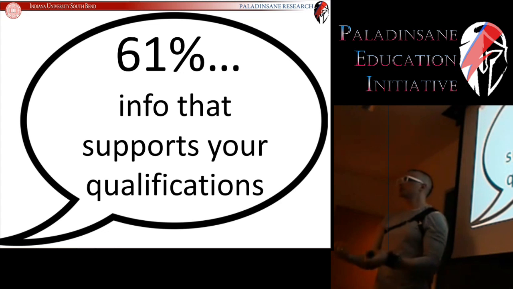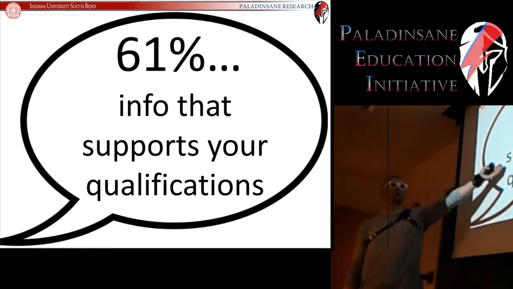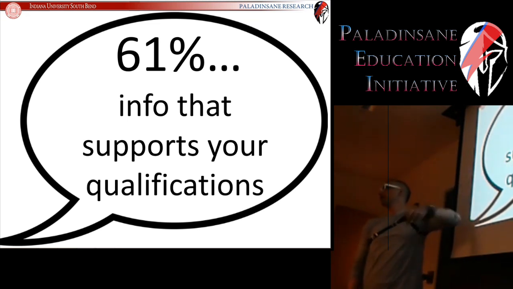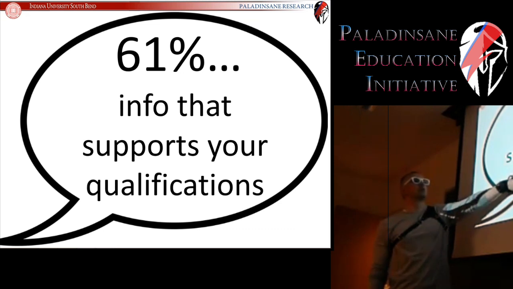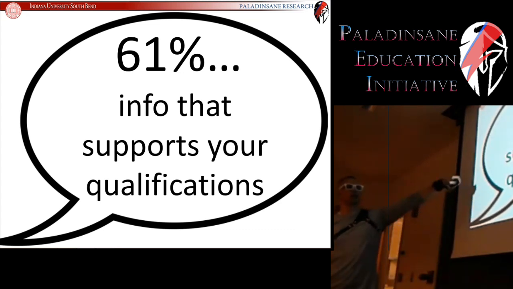And a graduate school will say, all right, let me take a look at your social media feed and see how much of it is about psychology, right? Is this person really dedicated to psychology? Is this person really interested in psychology as much as they say? If so, it should be reflected in your social media profile. So we're going to develop this so that it does support your qualifications.